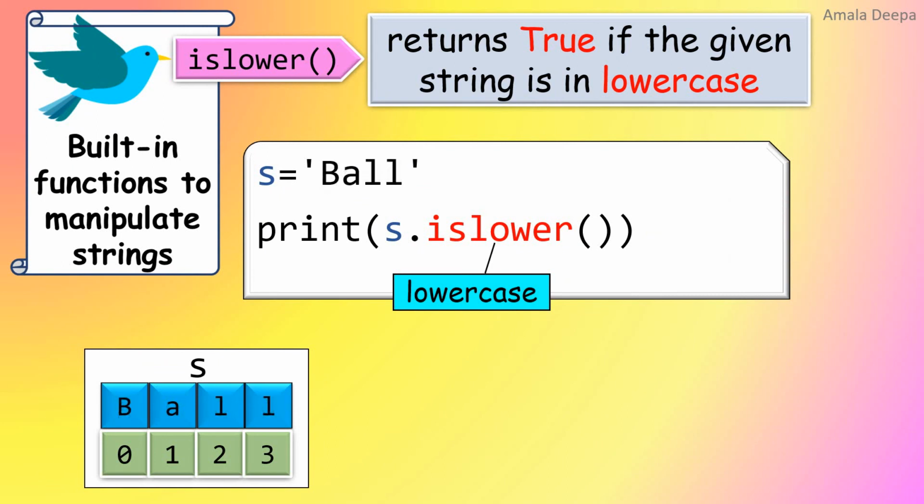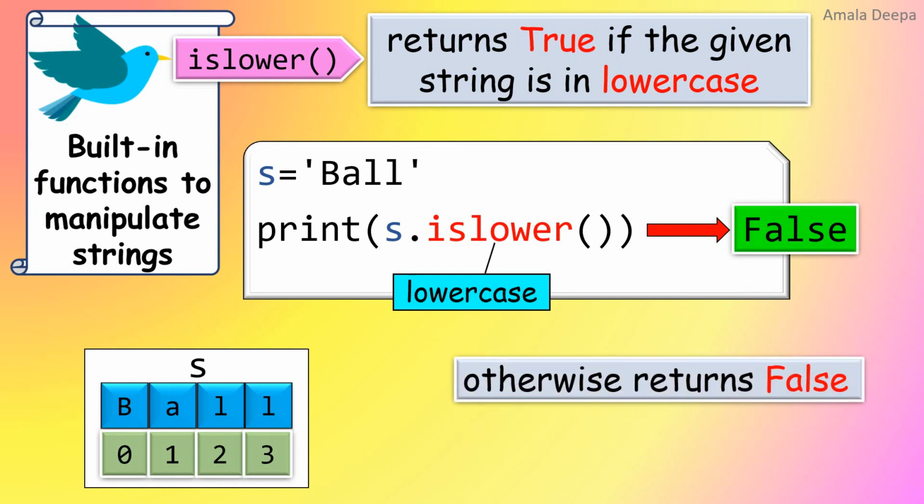Here the string Ball, in that B is in uppercase. So now the output of this statement will be false. So the isLower function returns true if the given string is in lowercase, otherwise it returns false.